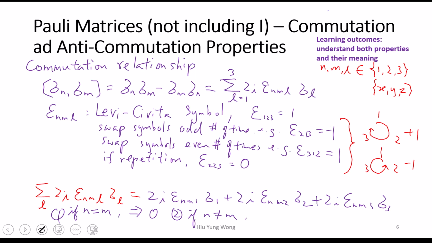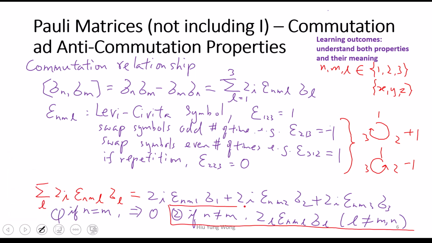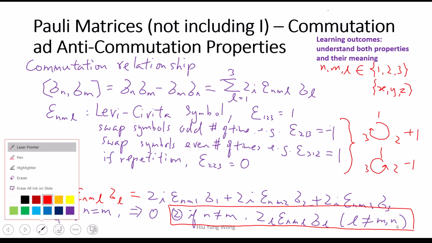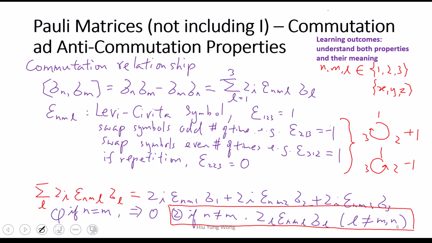So if that is the case, this is just equal to 2i epsilon nml sigma l with l not equal to mn. Right? So sometimes if you read the textbook or even Wikipedia, they just put this one equals to the term like this and claim that l not equal to mn. Right? So how about this? If this is too much for you, I request you to only memorize this.